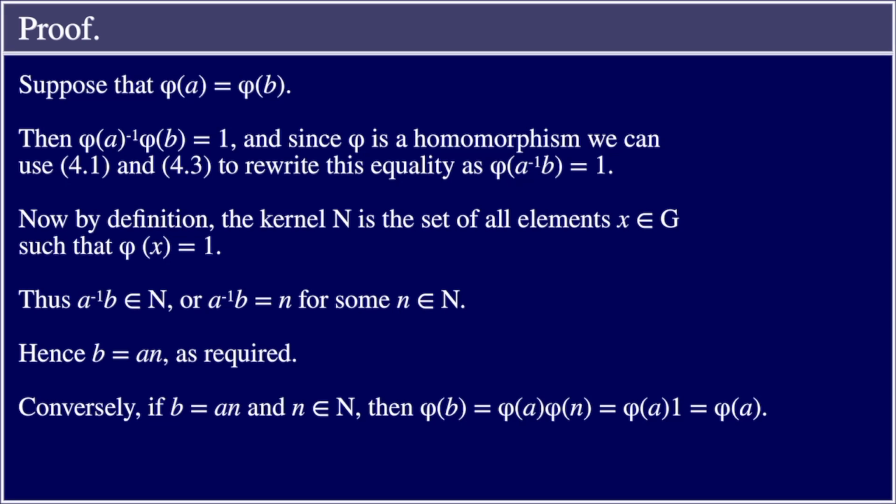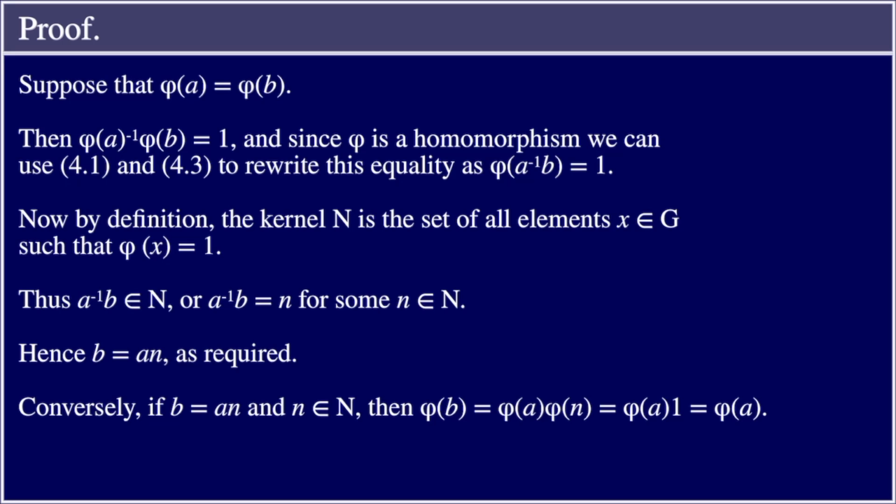Proof. Suppose that phi of a is equal to phi of b. Then phi of a inverse times phi of b is equal to 1. And since phi is a homomorphism, we can use 4.1 and 4.3 to rewrite this equality as phi of a inverse b equal to 1. Now, by definition, the kernel N is the set of all elements x a member of G such that phi of x is equal to 1.